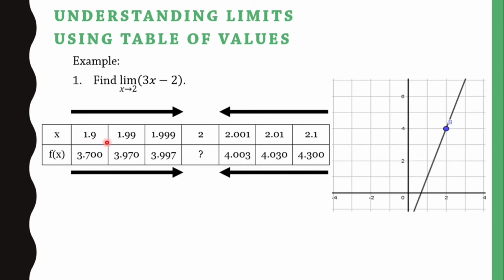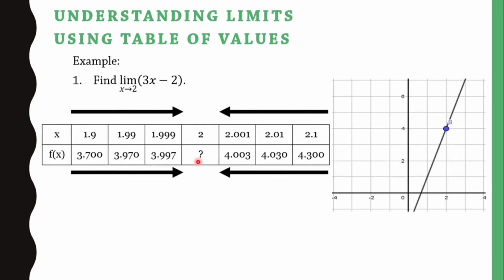Now, let us examine the values of x. As the values of x become closer to 2 from the left, we look at the numbers in f of x or y. So this is 3.700, 3.970, 3.997. So what do you think is the number that it gets close to?